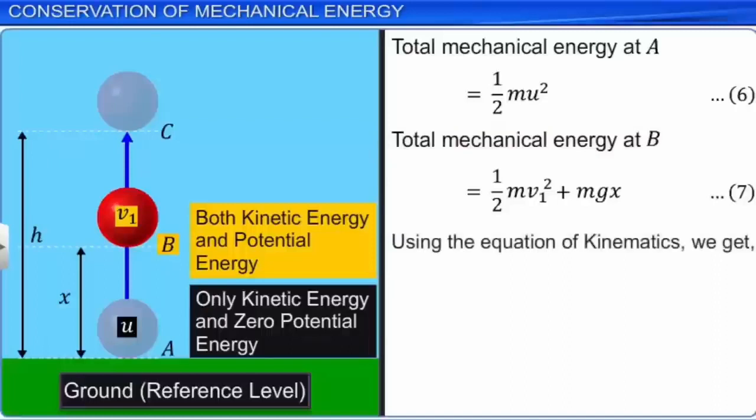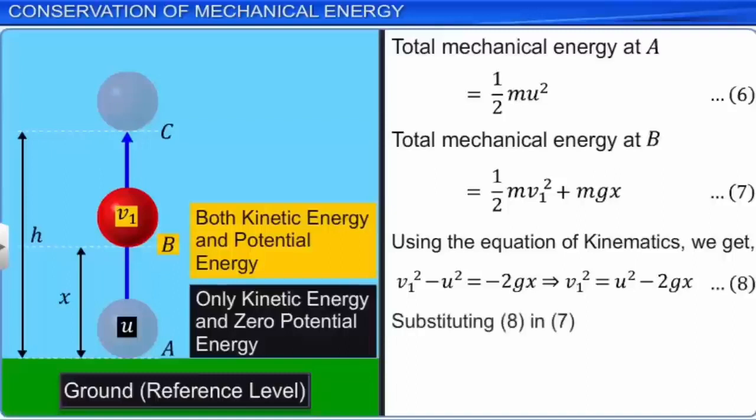Using the equations of kinematics, we get v1 square minus u square is equal to minus 2gx. Simplifying, we get v1 square is equal to u square minus 2gx. Let this be equation 8.